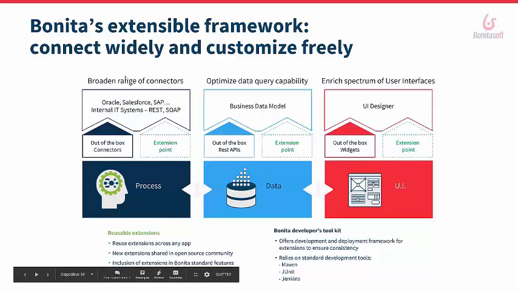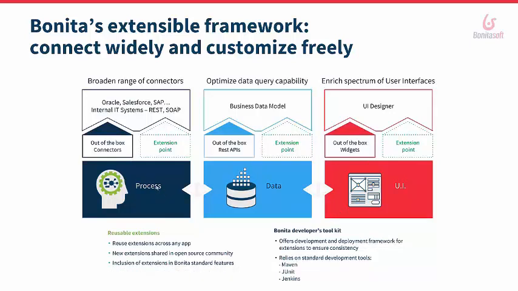And on the engine and process execution side, you also have this extension capability when you want to interact with third-party solutions, because we have this native set of what we call connectors, but you can build your own as well.